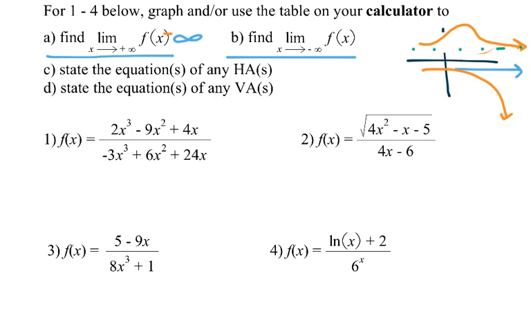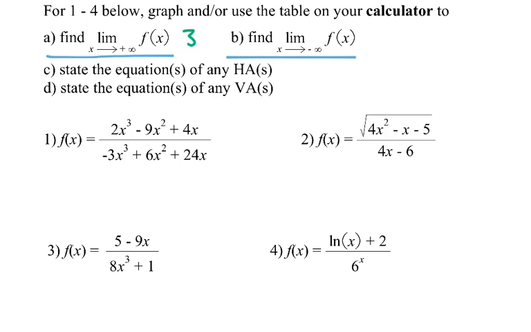And so if that's the case, our value is going to be, let's say, y equals 3. So find the limit as x approaches infinity. Looks like it's approaching 3. So that's the idea with A and B, is we're just saying, where is it going? Where's the graph going as we approach either positive infinity, so off the right-hand side, or negative infinity as we go off the left-hand side. All right, so let's look at a couple examples.